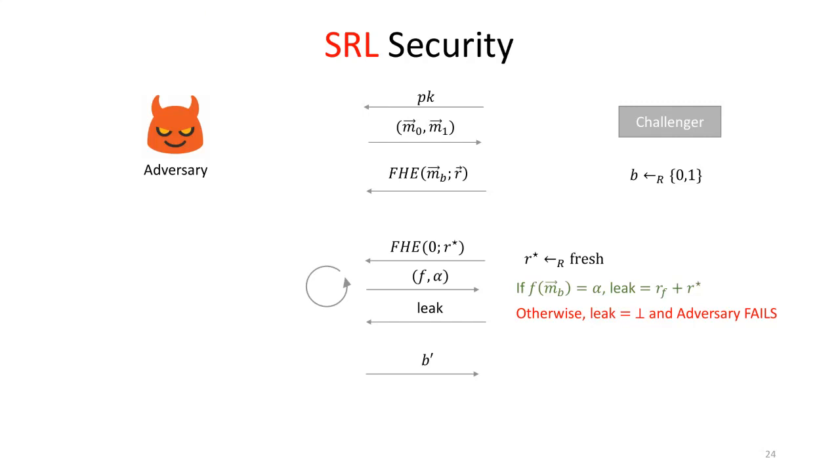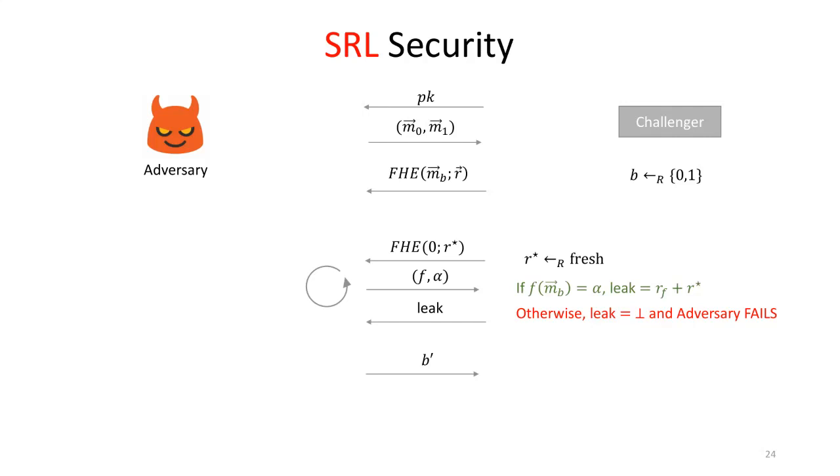If the prediction is correct, which means that f evaluated on the bit string m sub b is equal to alpha, intuitively that means the adversary already knows the output of f. Then it's okay to reveal the leakage.